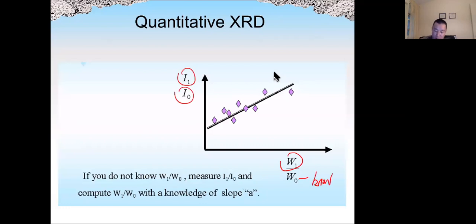The slope is also known, depending on the type of material. Based on that, we can figure out W1, which is the weight of the unknown material. So this is the basic idea of quantitative analysis using XRD. It is not very easy. It's very hard depending on the skill level of the technician, but it could be done in some cases.